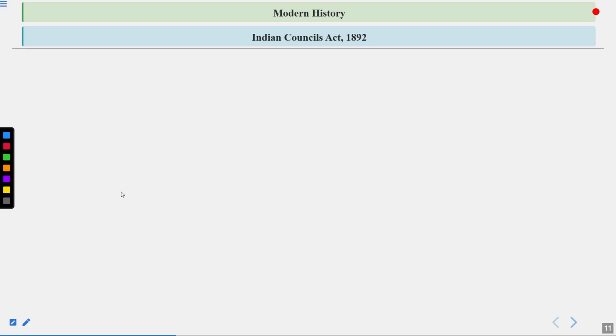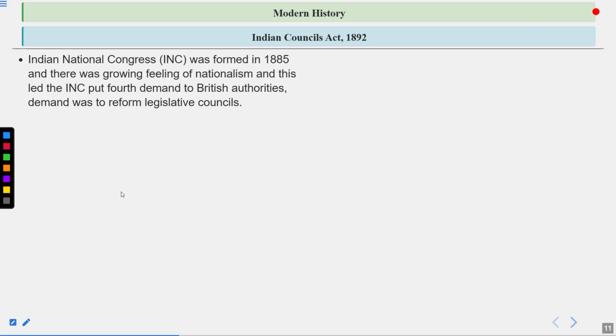Then comes the Indian Council Act of 1892. The Indian National Congress was formed in 1885, and there was a growing feeling of nationalism, and this led the INC to put forth a demand to the British authorities. The demand was to reform the legislative council. As I told you earlier, in 1861, 3 members were added as nominated members.